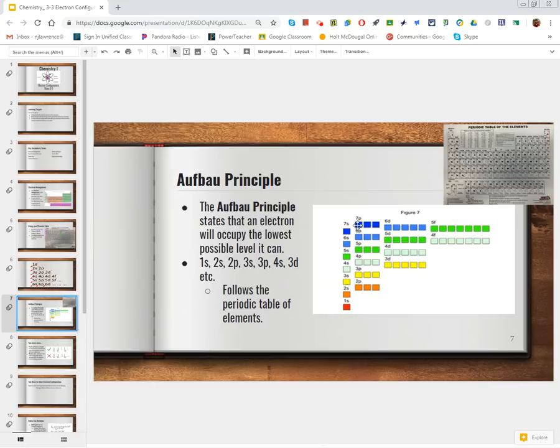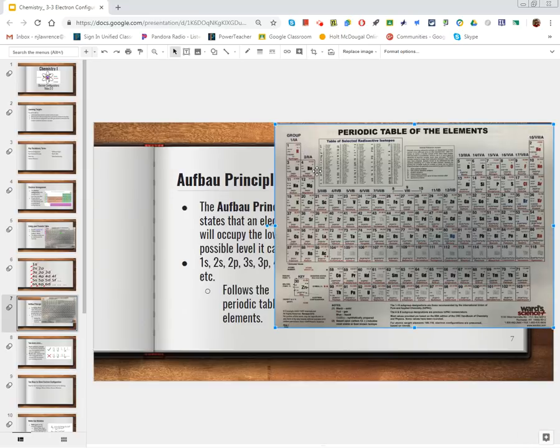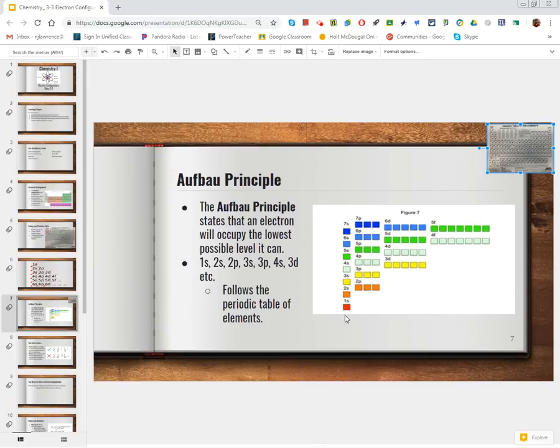These guys have the highest energy in terms of how much energy it takes for them to be away from the nucleus. So again, this follows our periodic table. When I look at my periodic table, that's why we go 1s to 2s to 2p to 3s to 3p to 4s. That's why we do that, because of this energy chart and the way it follows the periodic table.